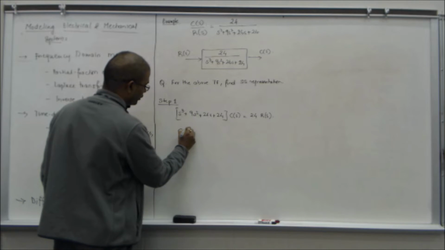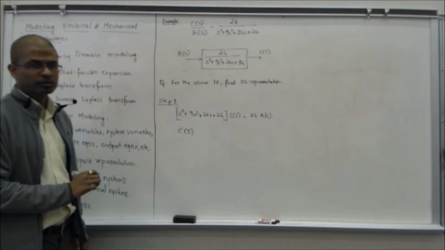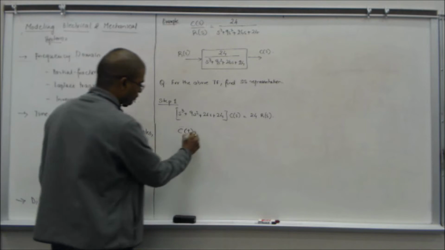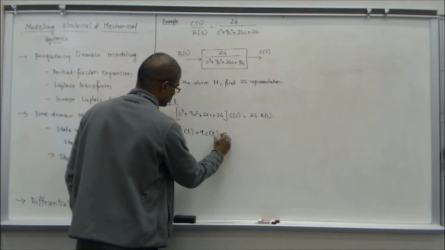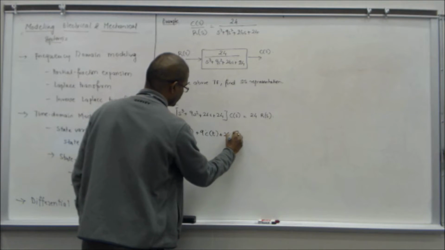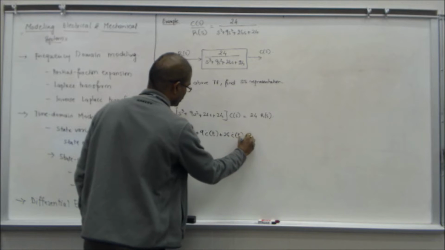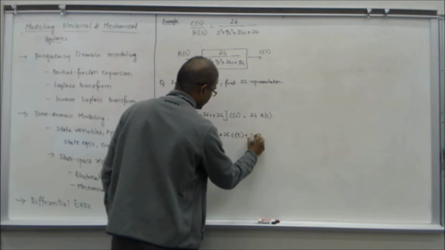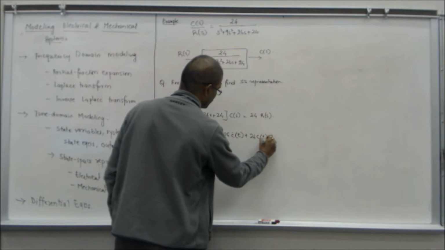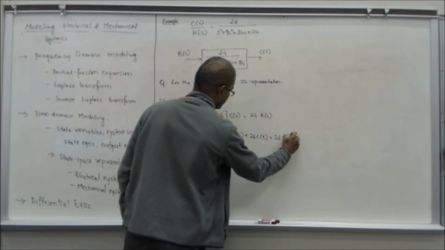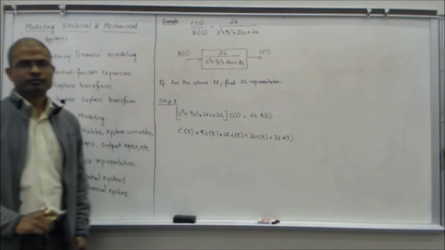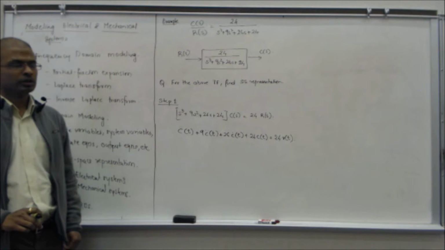So if I write it as C triple dot of t, right, plus 9 C double dot of t plus 26 C dot of t plus 24 C of t is equal to 24 R of t. Got it?